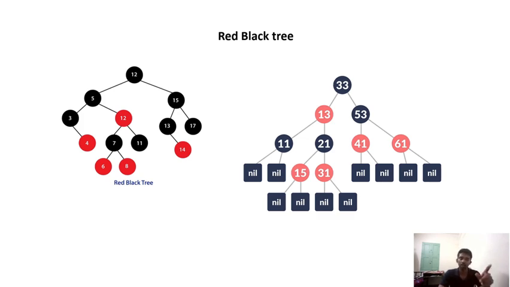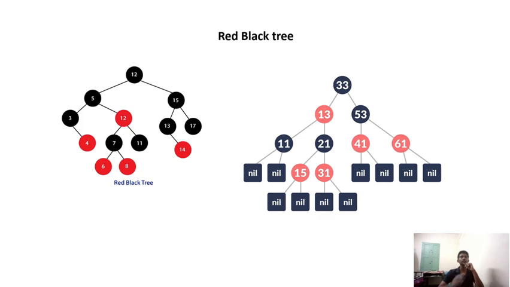We have to check one more thing: that it's also a binary search tree. Consider here the root node is 12, and the left subtree will have values less than or equal to 12. Here the red node has the value 12, which is equal to, not more than 12, so we can have it on the left side.